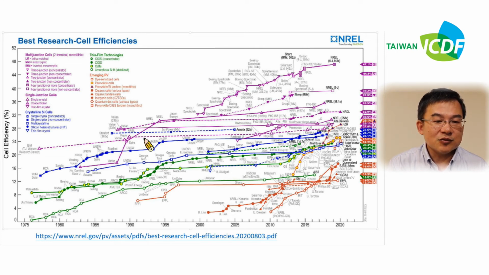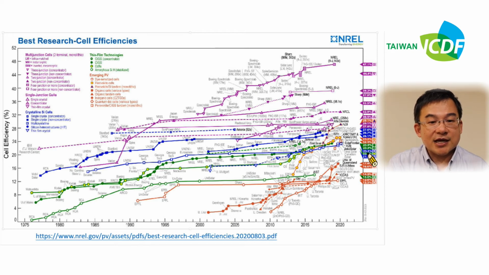So the second one is the polysilicon or multi-crystalline silicon. In the polysilicon solar cell, now the efficiency is improved to 23%. It is high enough efficiency.